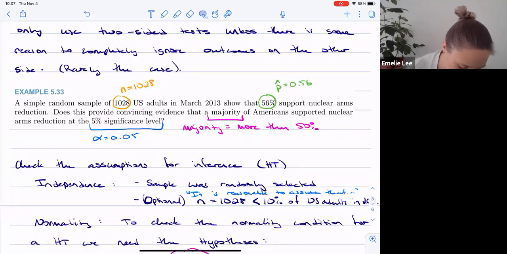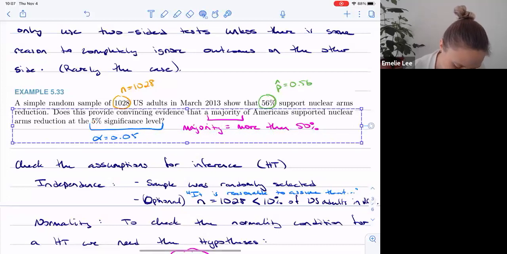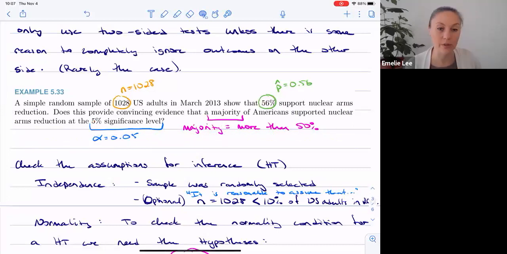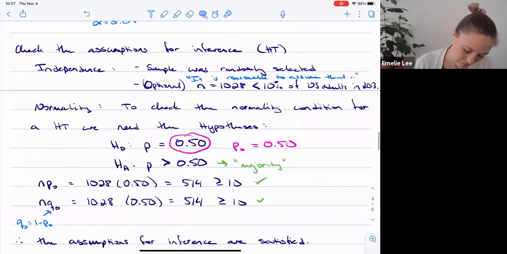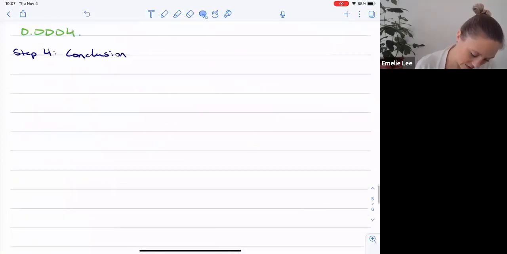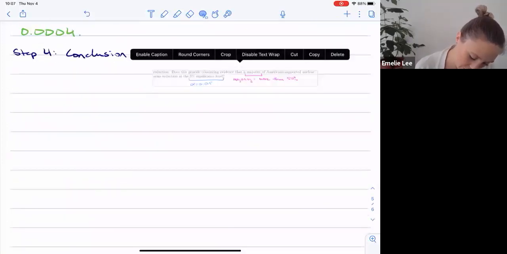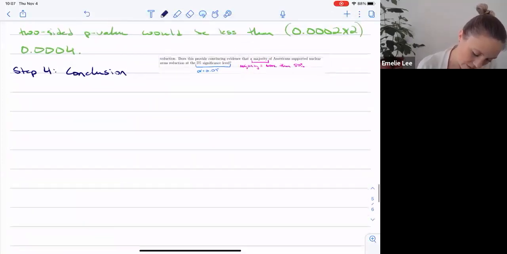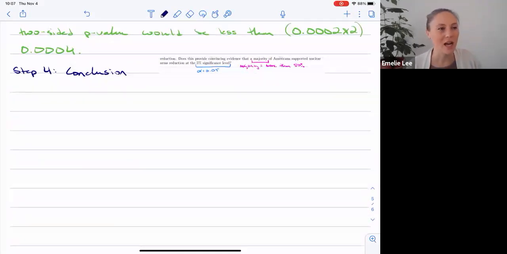I also just want to temporarily set aside this last part, because for the very last part of the conclusion, I want to reformulate the question as an answer. We're not doing anything crazy here.